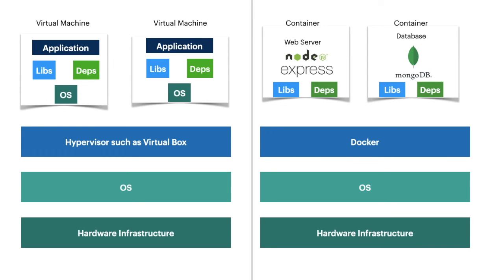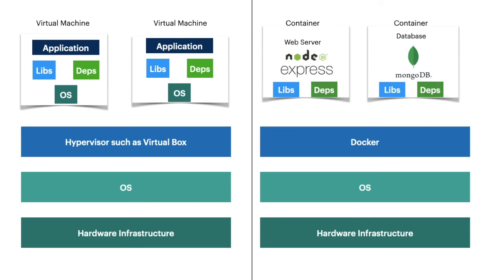Inside a virtual machine, they have their own OS, their own set of libraries and dependencies, and on top of that the application is running. In the same way, on another virtual machine they have their own OS, their own libraries and dependencies, and the application is running. So this is one of the differences we can see as per the diagram.